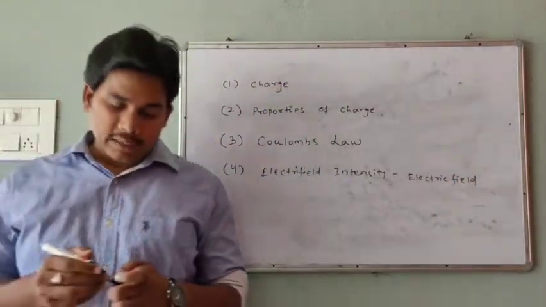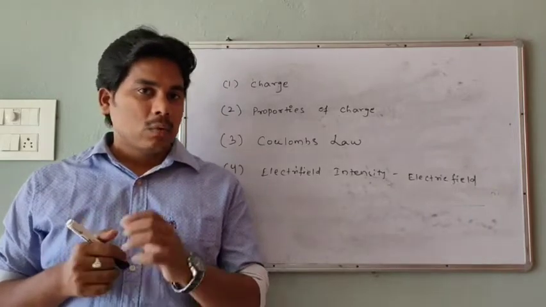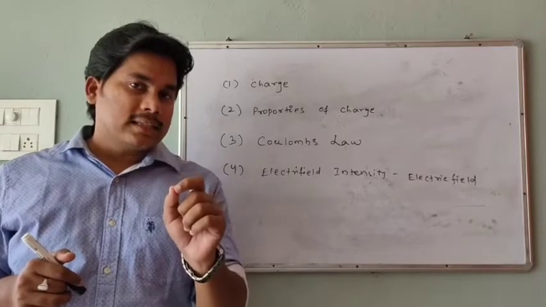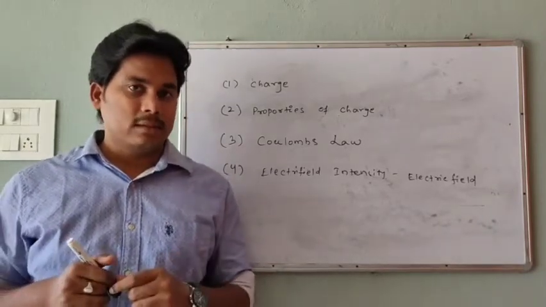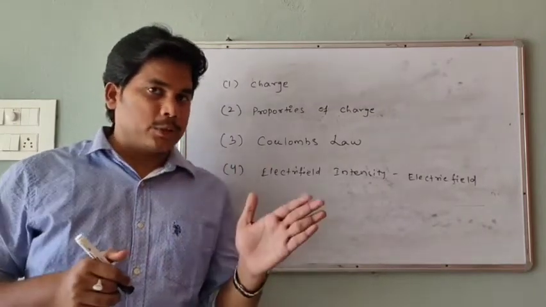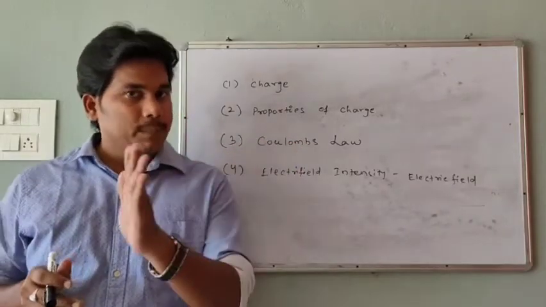We all know that in the last class we discussed what the charge is and what the nature of the charge is. We know the charge is the basic property of a material. In charge, we know there is negative and positive, negative for the electron and positive for the proton.